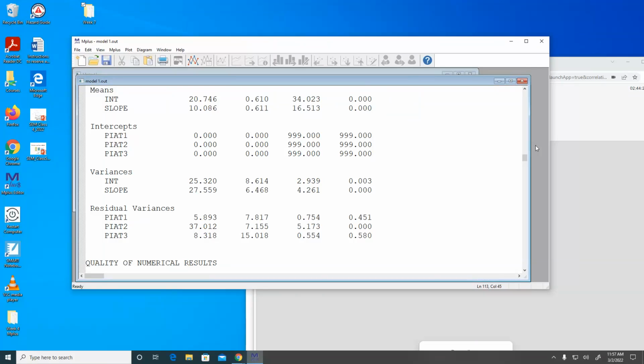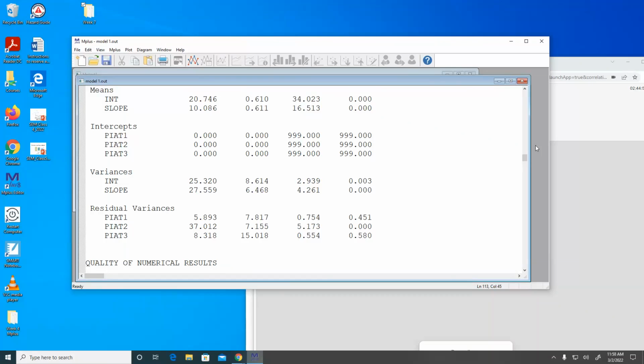And I could say I'd expect about 95% to be between 10.75 and 30.75 in terms of their reading scores at age 6. So that's useful to know, because on average, people are starting out around 20, but there's actually a lot of variability. About 95% of the sample is somewhere between around 10 and 30, right? So that kind of gives you an idea about the variability.